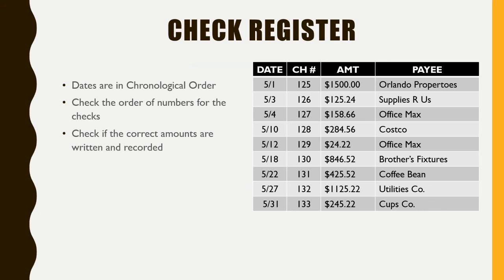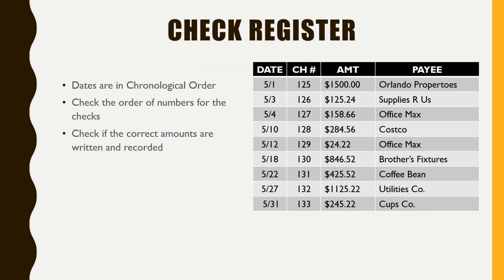Where it's literally a book. If you've ever written a manual check, you have that little tiny booklet at the very top of the little slip there that allows you to keep track of your accounting. It's like a miniature ledger.